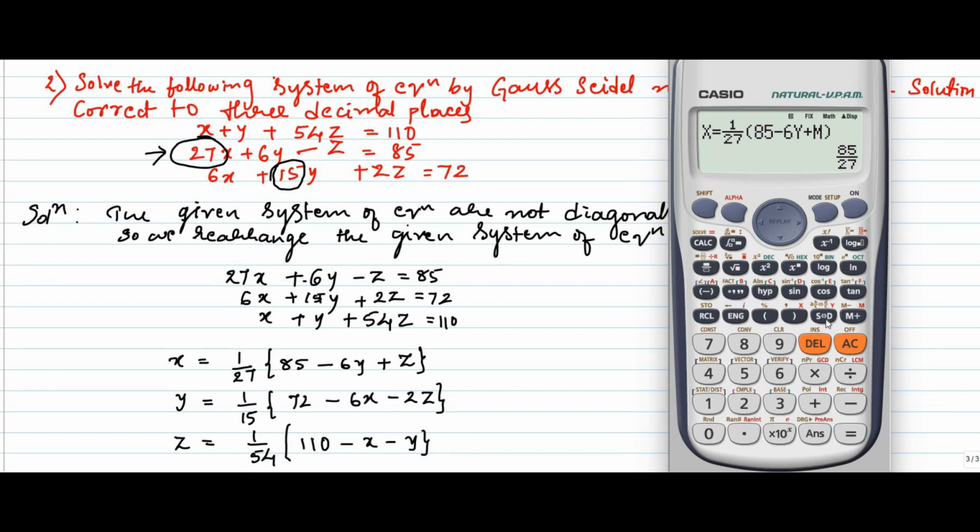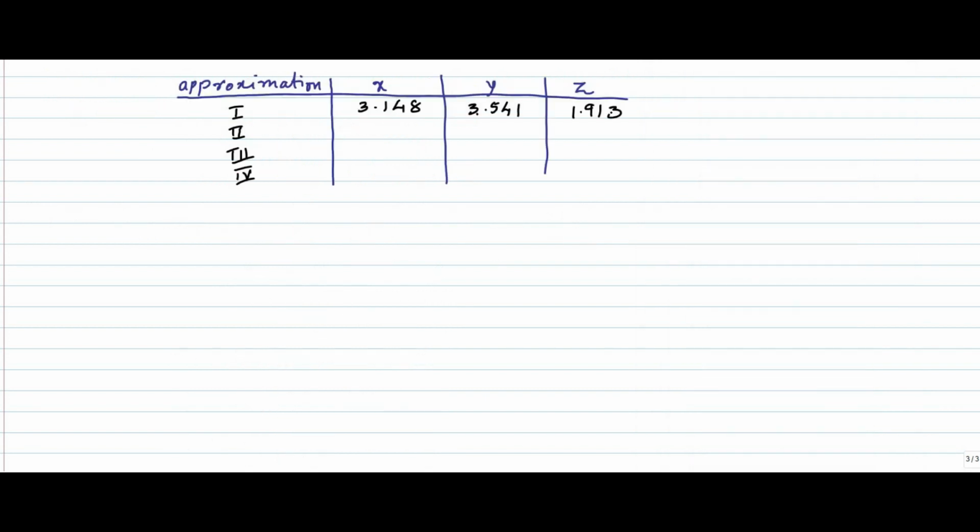Then the calculator will ask for the initial values: y equal to 0, m equal to 0. Now it displays the value of x as 3.148, y as 3.5407, and m as 1.913. Now you can note down these values. So I have noted down the first approximation. Going on to the later approximations, I am going to get 2.425, 3.573, 1.926.